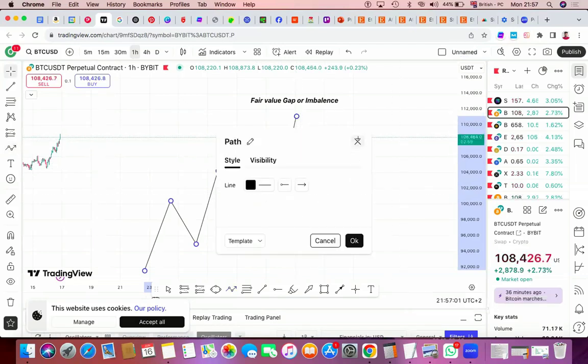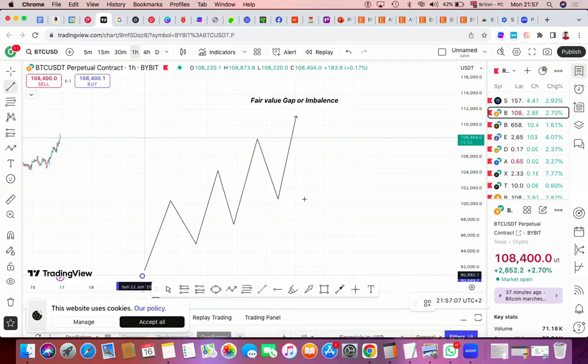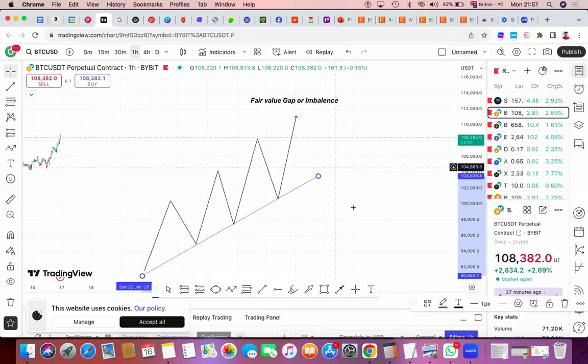To know perfectly that it's an uptrend, I can pick my trend line to measure and see. Our trend line is perfectly mapped out like this, and you can see that the market is moving in an uptrend, right?